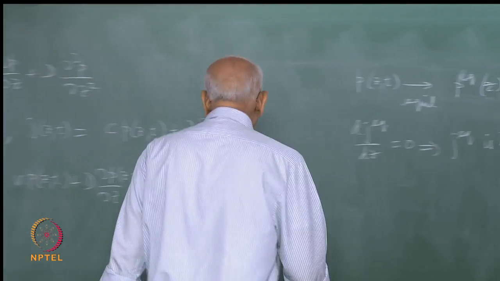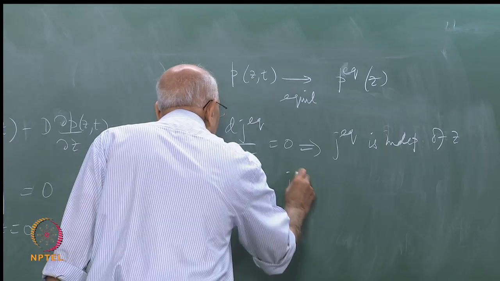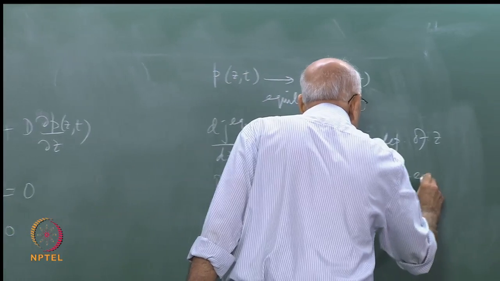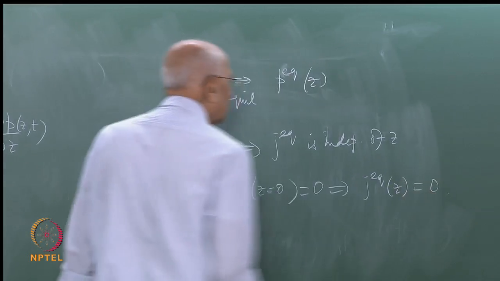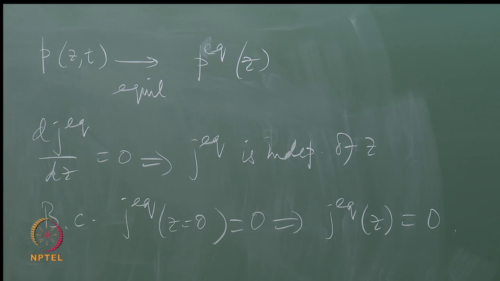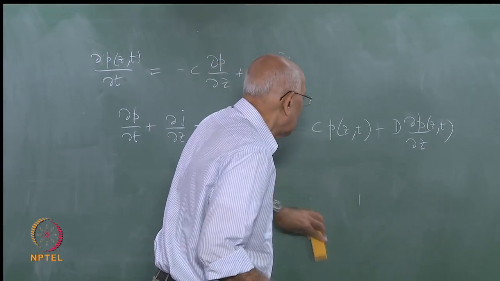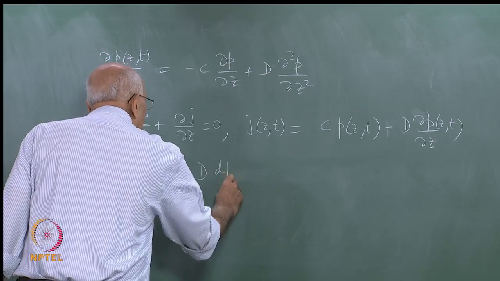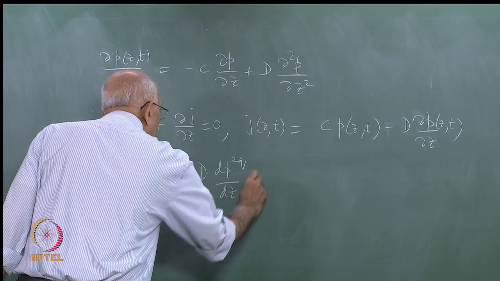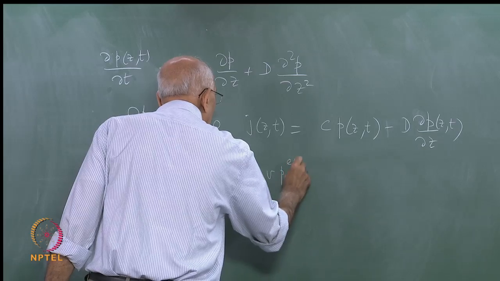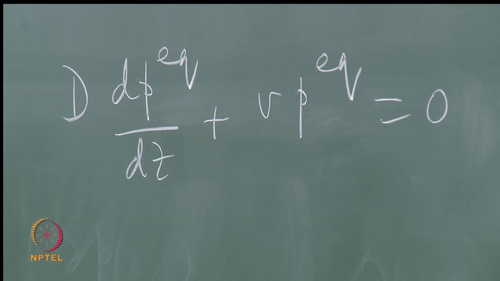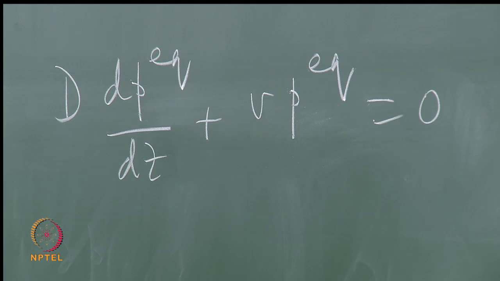So the boundary condition holds for all z, and that is triviality itself, because all you have to do now is to notice that d p equilibrium over dz plus v p equilibrium equals 0. That is a first order differential equation and we do not have to work very hard to solve it, right. So what is the solution here?